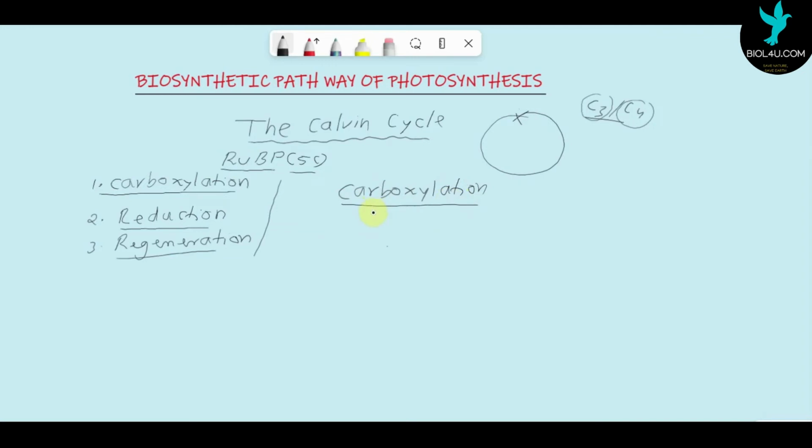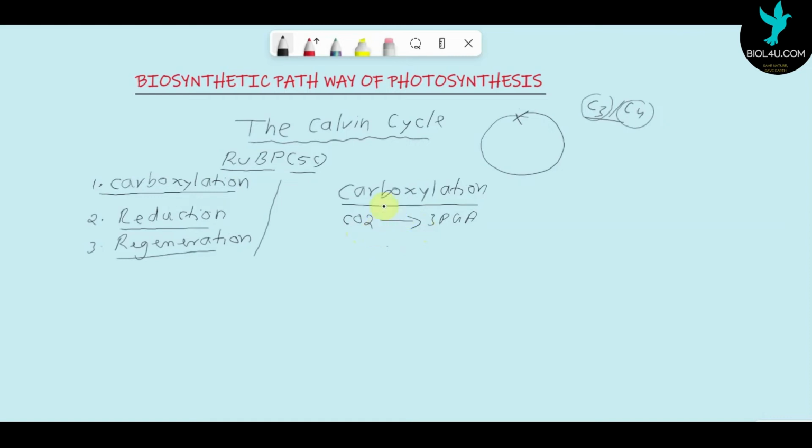So what happens in carboxylation? Actually, carboxylation is the fixation of carbon dioxide into a stable intermediate. The stable intermediate is 3-PGA, 3-phosphoglyceric acid or glycerate. Carboxylation is the most crucial step in the Calvin cycle, where the carbon dioxide is utilized.